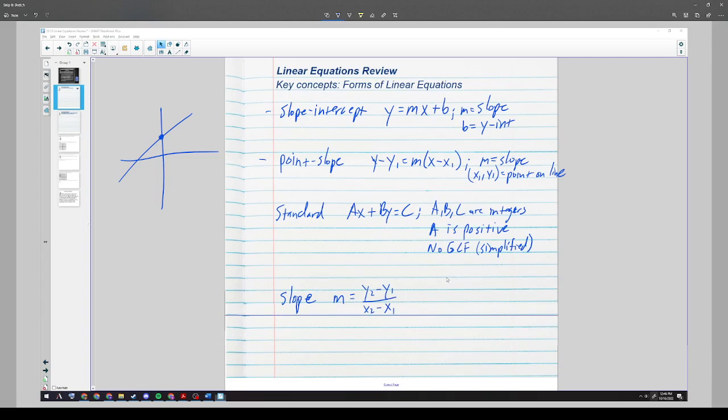So we did an example in the warm-up, but just to do another one, if we had 1, 4 and 3, negative 7, we could label this x1, y1, and this x2, y2. So we'd calculate the slope as negative 7 minus 4 divided by 3 minus 1, and we would get negative 11 halves.